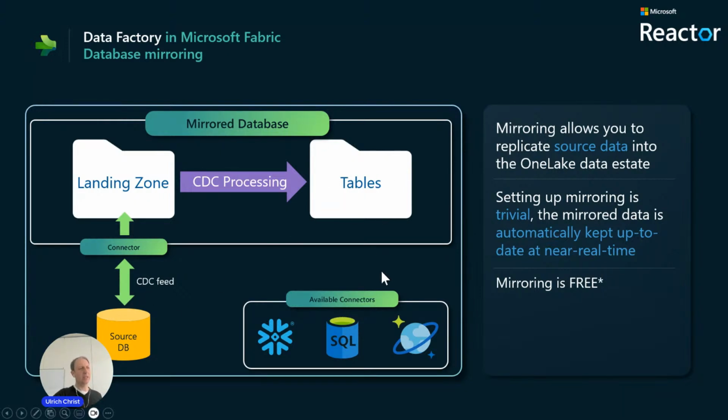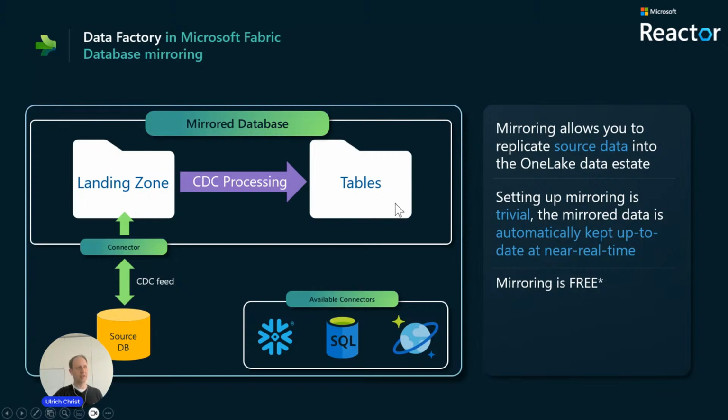This mirroring capability is currently generally available for Snowflake, for our SQL databases, and for Cosmos DB. We put a lot of emphasis on telling customers that mirroring is free, which means we do not charge for any of the storage which is involved in mirroring. So the landing zone storage is free.